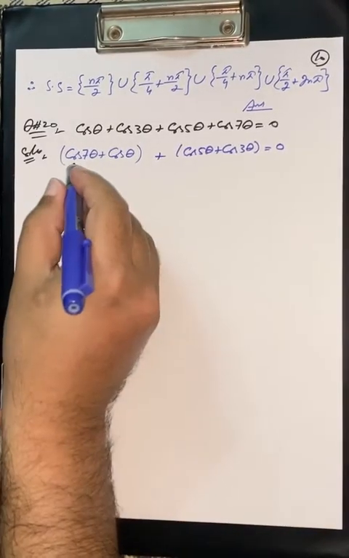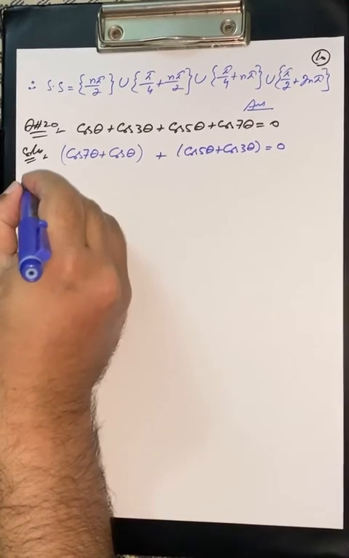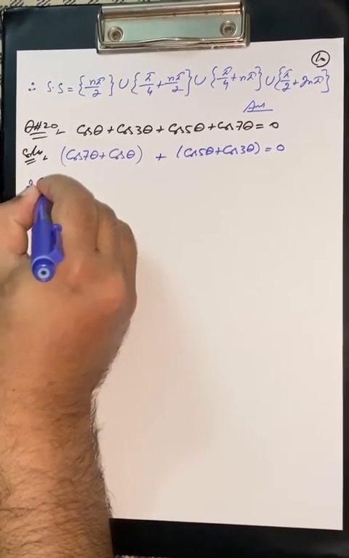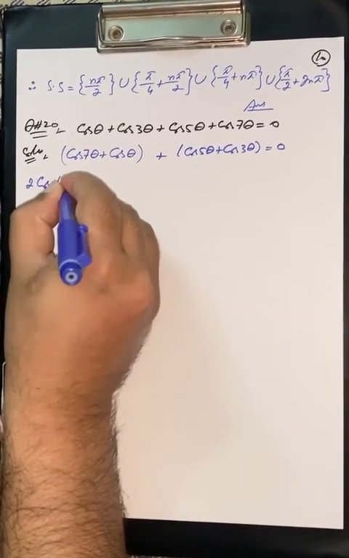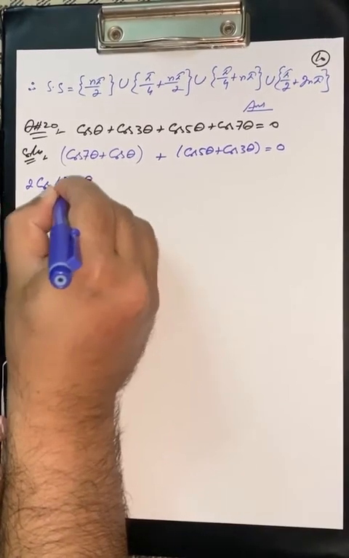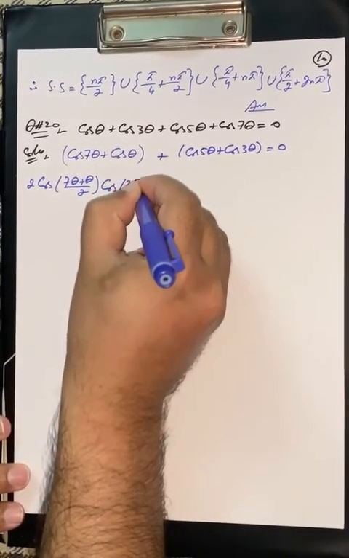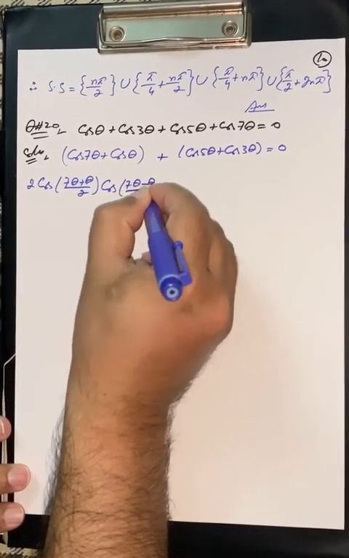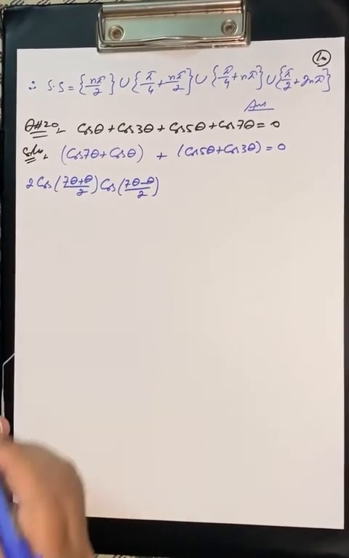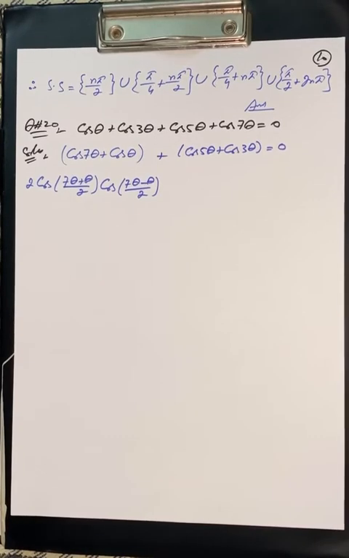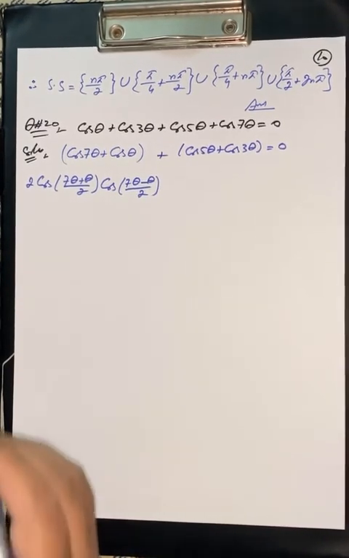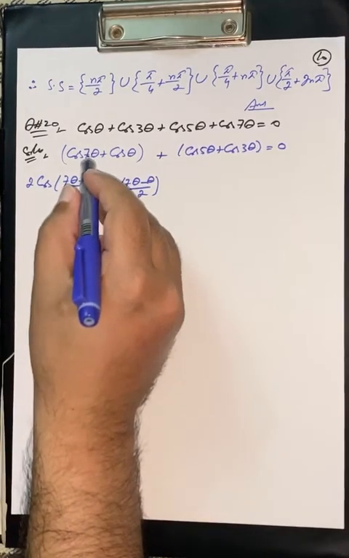So here we apply the formula cos alpha plus cos beta equals 2 cos alpha plus beta by 2 cos alpha minus beta by 2. I just read the main formula in alpha and beta form, but I apply the same values which are given to me.